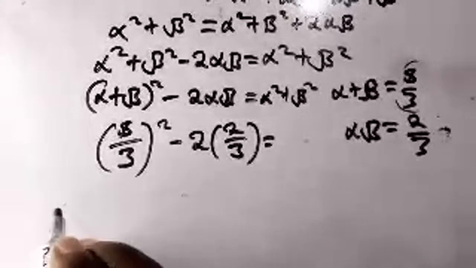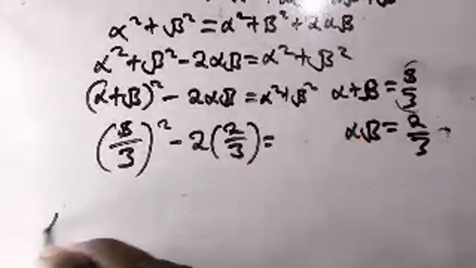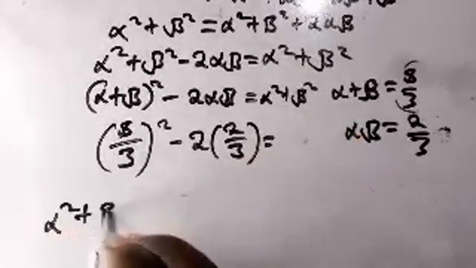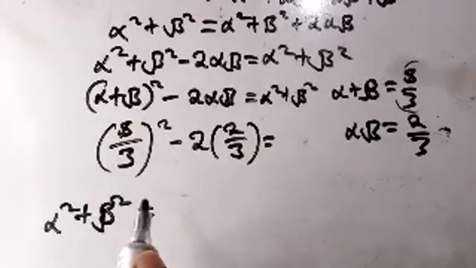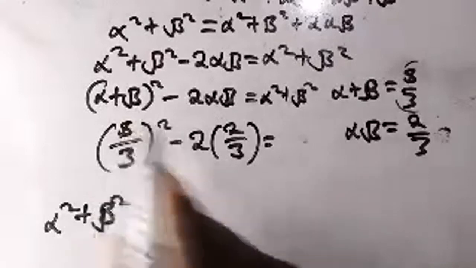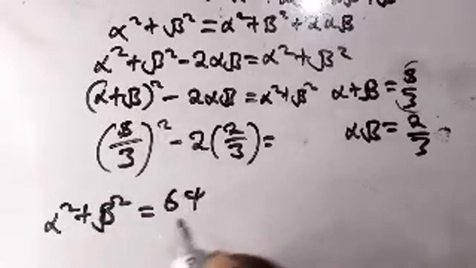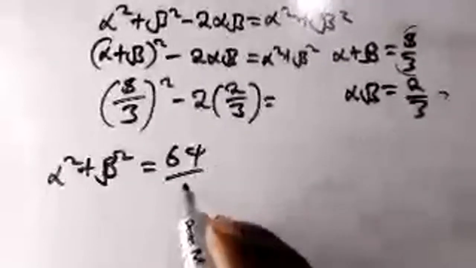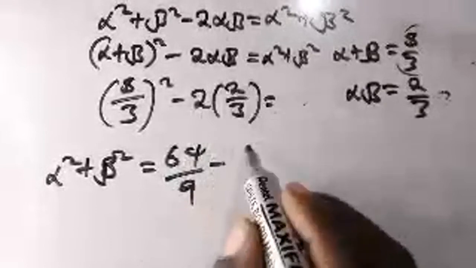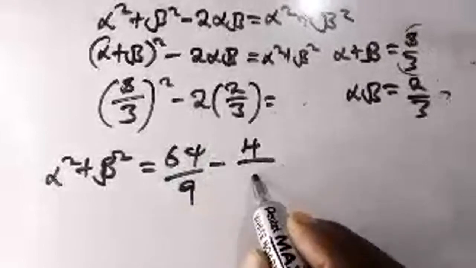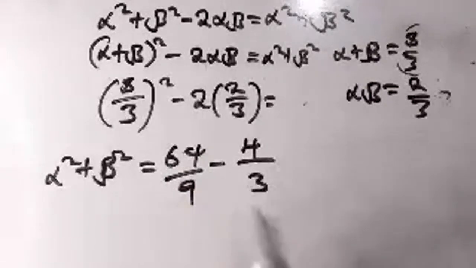So let's take to the right side this term which we're having here, alpha squared plus beta squared. This one should be equal to 8 squared, which is 64, over 3 squared, which is 9, minus 2 times 2, which is 4, over 3, right?